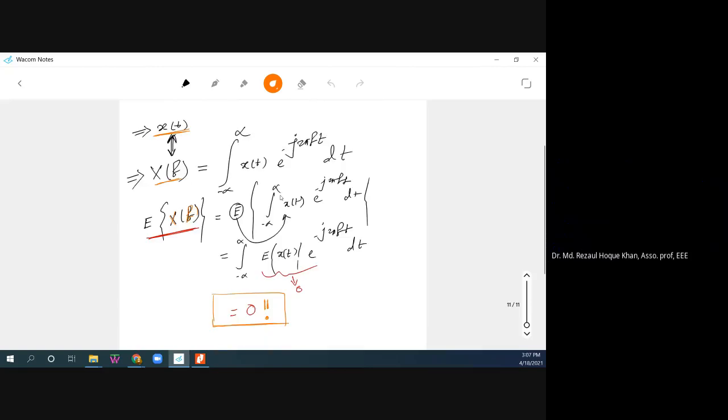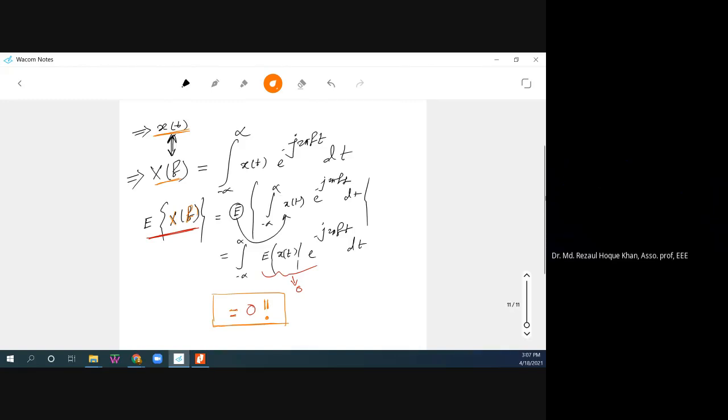That's why we get these surprising results. Fourier transform can be applied for a deterministic signal or continuous signal, but it cannot be applied to a random signal.